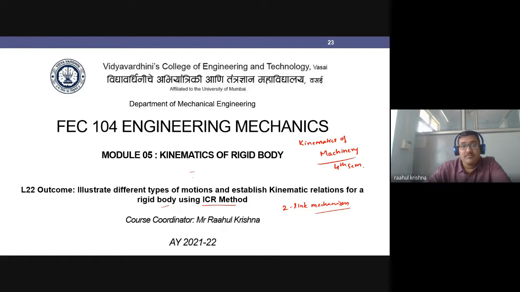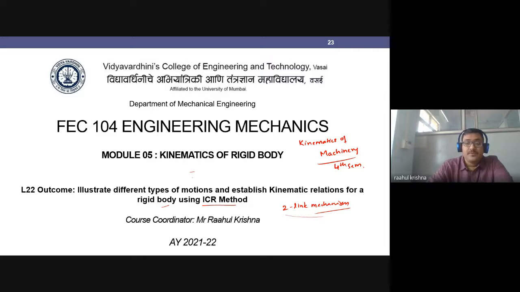We have the 3-bar mechanism, the 4-bar mechanism, and like that, where we establish relations for a rigid body with more than two links. But in engineering mechanics, our discussion is restricted to the two link mechanism and using the ICR method.